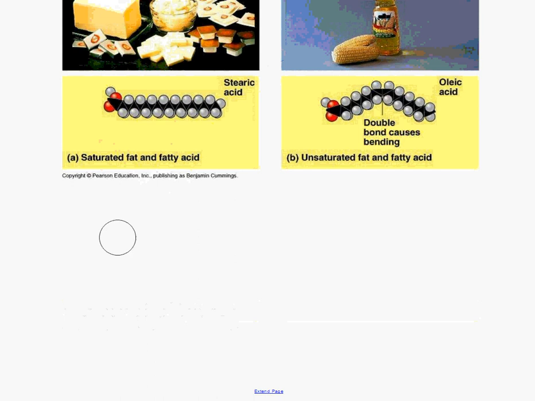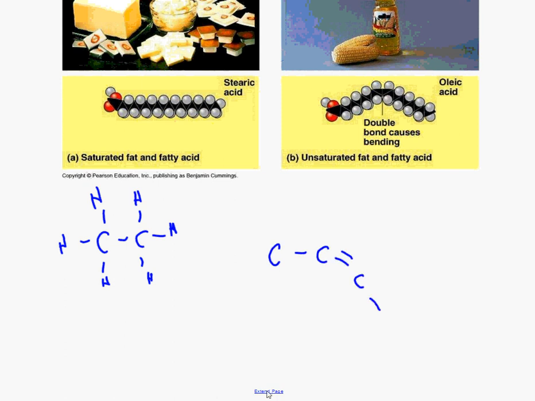Whereas with the saturated fat, you have carbons that are completely full of hydrogens, with the unsaturated fat, you have these carbons that could have more hydrogens if, I'm not going to fill in the rest of those, you get the idea. They could have more hydrogens if those double bonds weren't there, and so they're considered unsaturated.